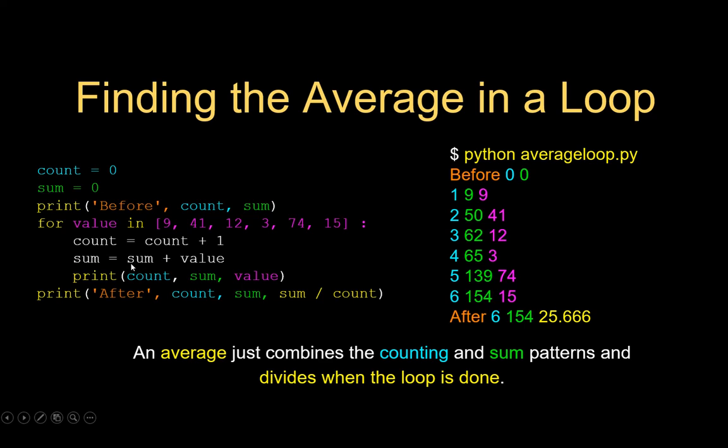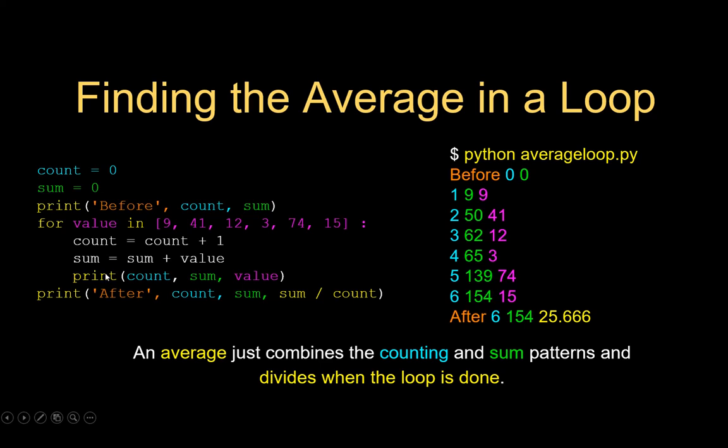In this case, sum is 0, and assign that to the sum again. So as this loop iterates, we're going to have the number of members of this set, and we're going to have the sum of this set.